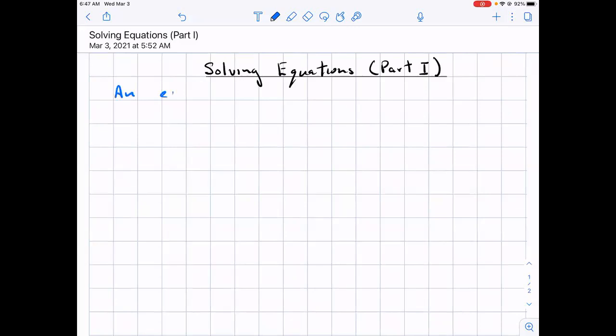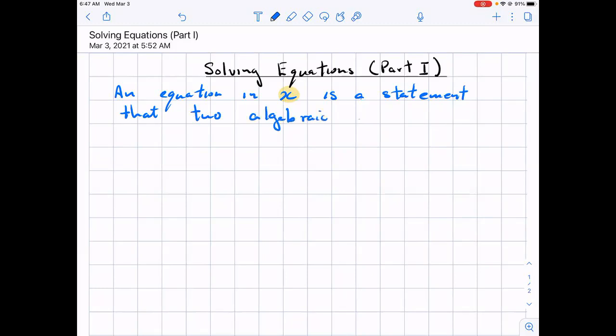An equation in X. What we mean here is that the variable in the equation is X. Is a statement that two algebraic expressions are equal.